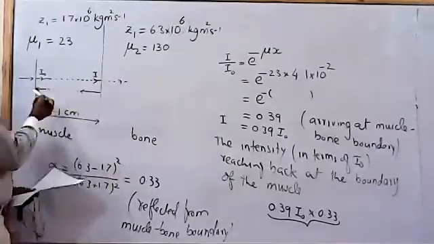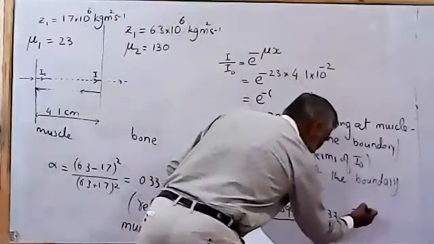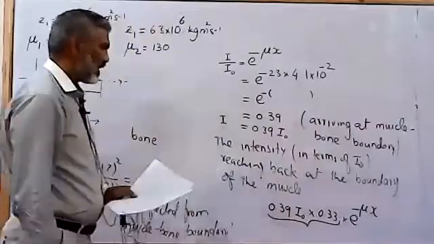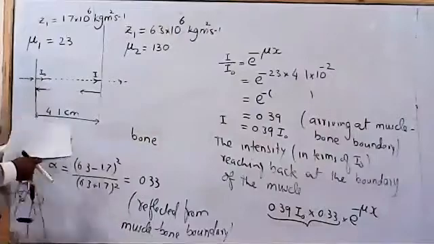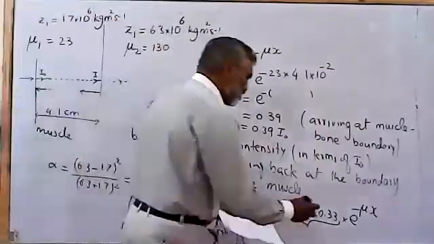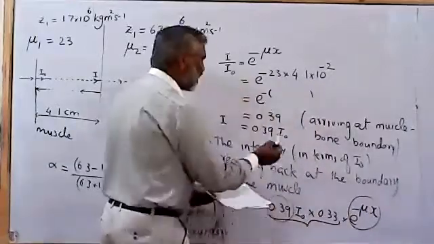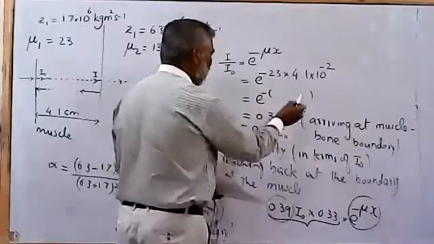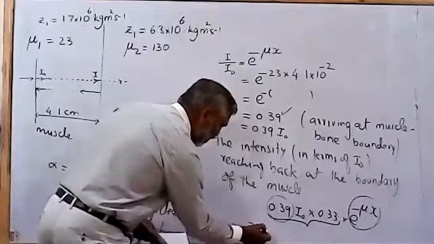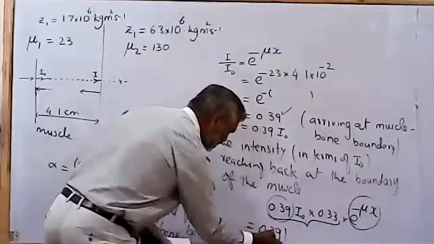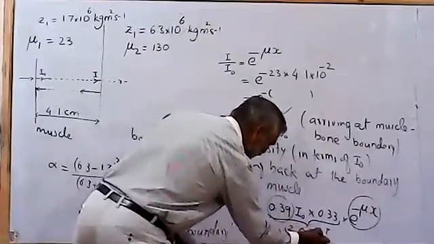What is arriving here is simply e to the minus mu x. Because this is the same mu and this is the same x, that means we expect all this to be the same number 0.39 that we have calculated earlier. So this all becomes 0.39 squared times 0.33 I naught.